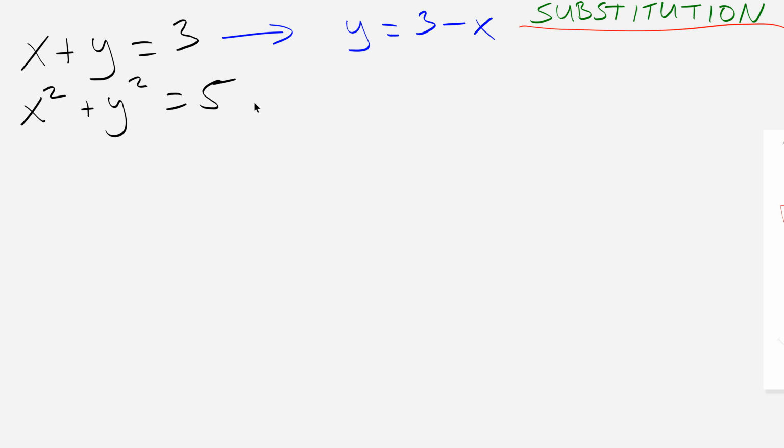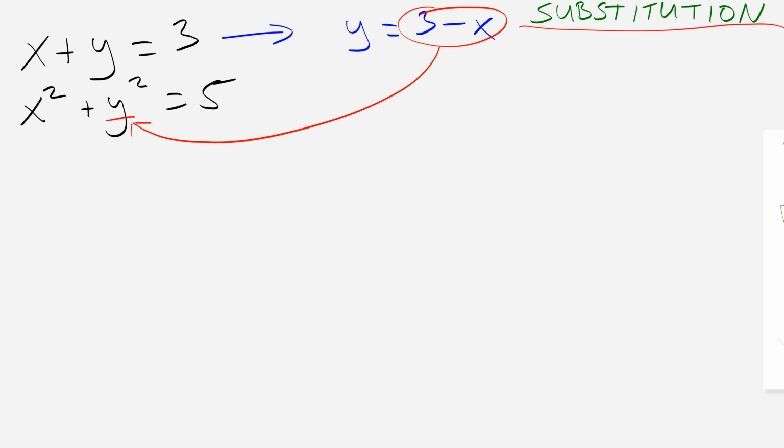Then I'll take the nonlinear equation and rewrite it. Instead of this y right here, I'm going to substitute in 3 minus x. That's why we call it substitution. We substitute the 3 minus x in for that y, and it will simplify the nonlinear equation for us.